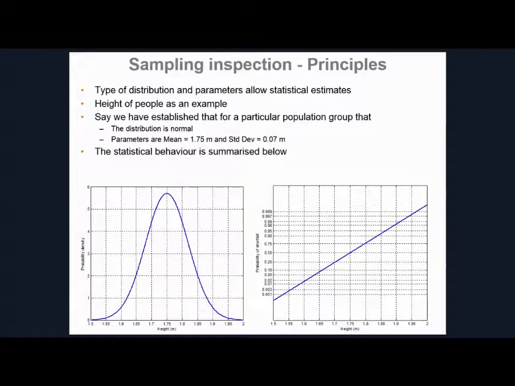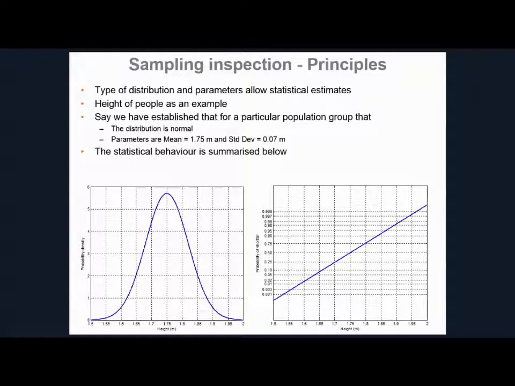So in effect, once you know the type of the distribution and its parameters, you can then carry out statistical estimates. And just as a very simple example, if we look at the height of people, and we may have done a large number of measurements on a particular population group, that allows us to establish that the distribution is normal. So that's shown here in this sort of typical bell curve in the probability density function.